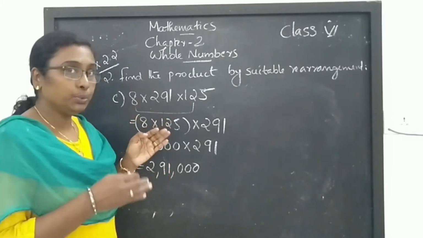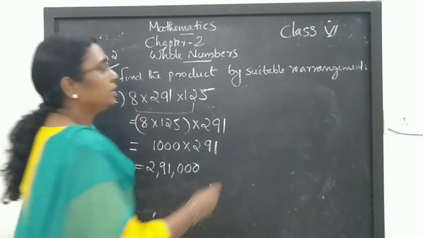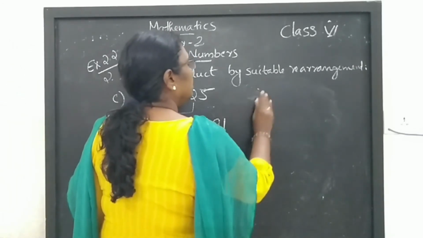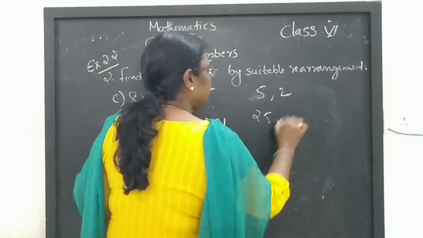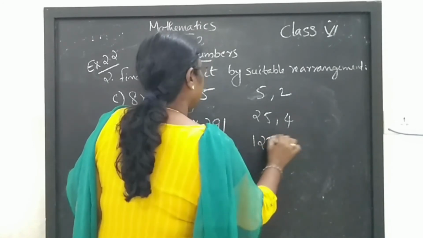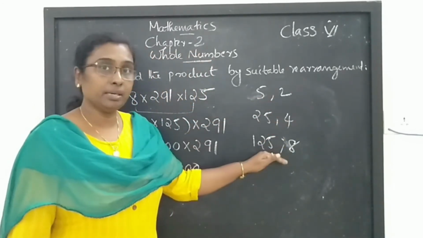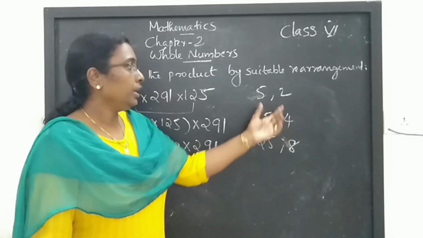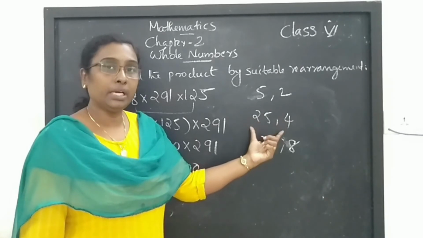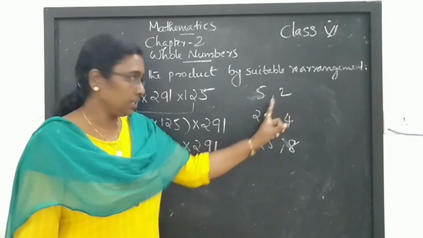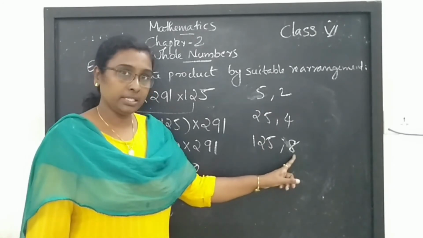Okay. Once again, in order to find the product by suitable rearrangement, check whether, if we multiply two of the given numbers, the answer is a multiple of 10. If in the question there are numbers like 5 and 2, 25 and 4, 125 and 8, we can group these numbers together. Why? Because if we multiply these numbers together, we get a multiple of 10. 5 into 2, 10. 25 into 4, 100. 125 into 8, 1000.